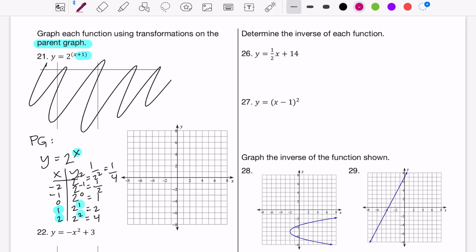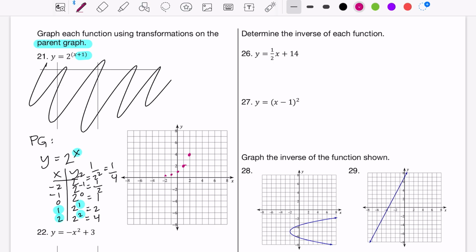So if I take those parent points, which I'm going to put in this pinkish color, I have here, and then I have here, here, here, and here. So there's my parent points.